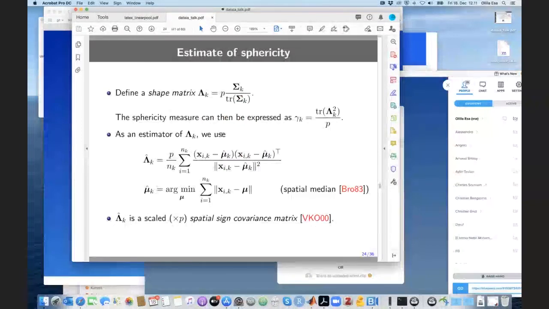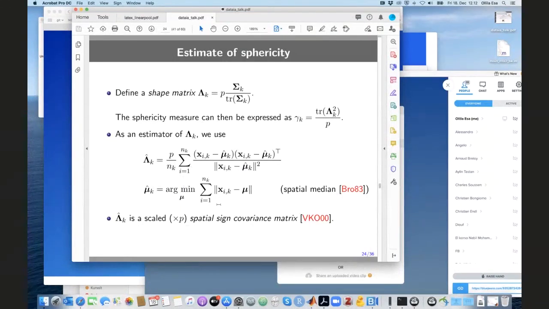So let me explain what our estimate of sphericity is. First I would like to define a normalized covariance matrix, which I just call a shape matrix. This shape matrix is denoted by lambda k, where k means it's the kth class. As an estimator of this shape matrix, I use the following version, which is called the scaled spatial sign covariance matrix.